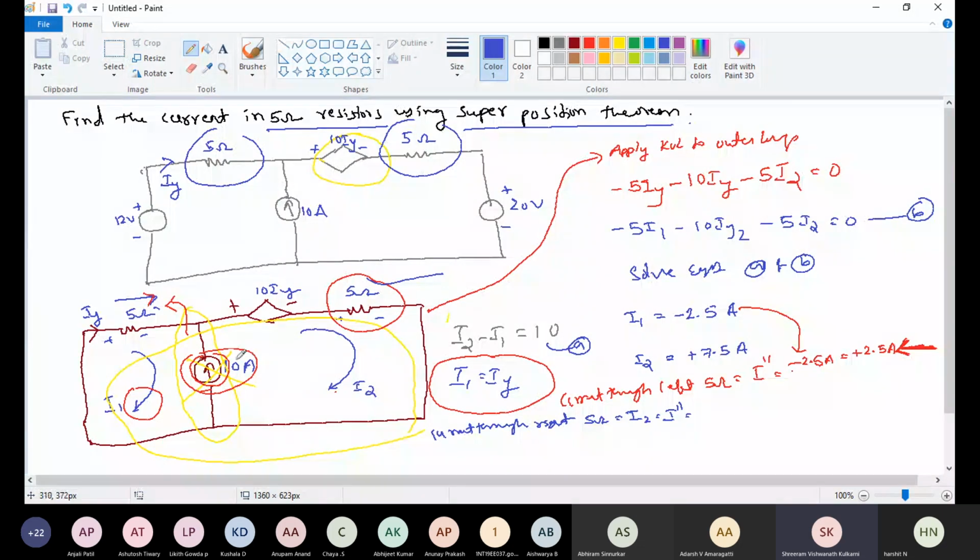Now the current through the 5 ohm resistor I2 direction and the current source direction are the same, so plus 7.5 ampere in this direction.